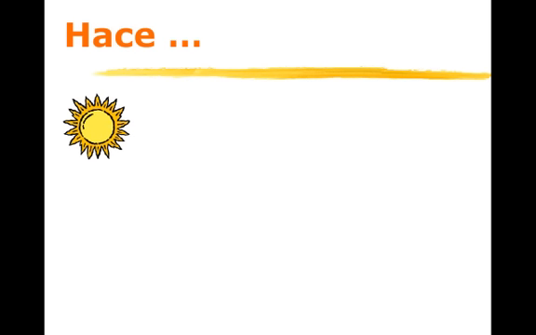Hace sol, as in the solar system. Sol is always associated with the sun, so obviously this means it's sunny. You can find that on your vocab list. It's sunny. Make sure that you write hace and sol, because that forms a complete sentence. Hace sol means it is sunny.